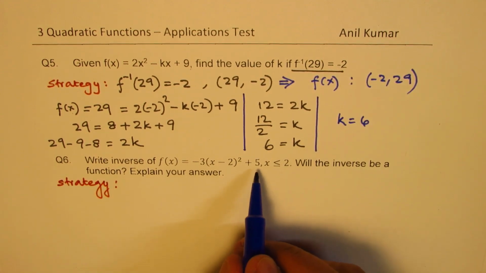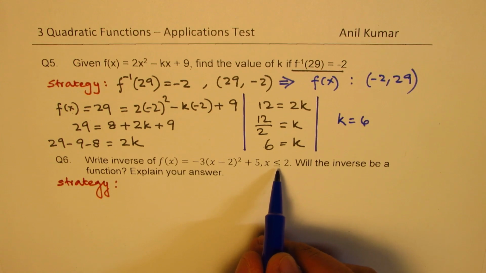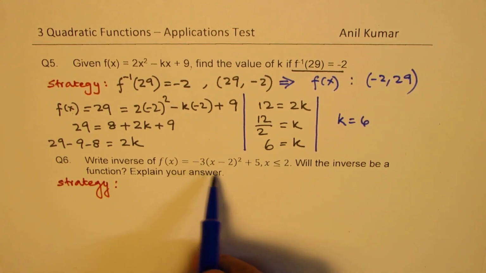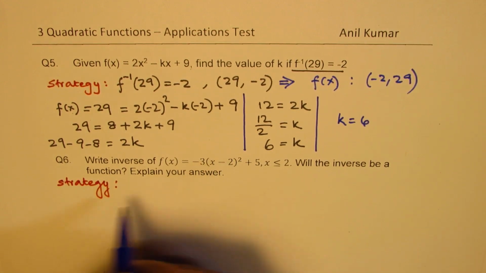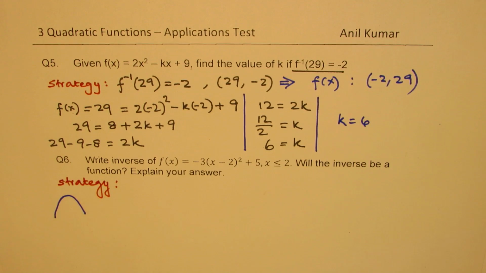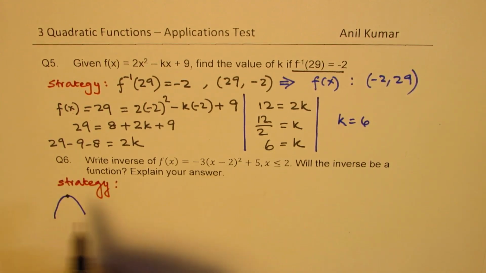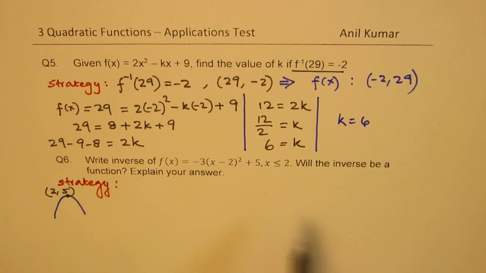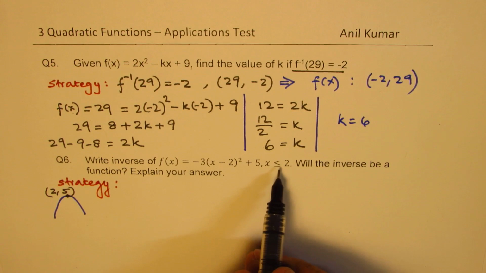Now remember, here the domain is x less than or equal to 2. As you can see, this is basically a parabola which is going to open downwards, correct? Where the vertex is at (2, 5). So you are restricting the domain to less than or equal to 2.